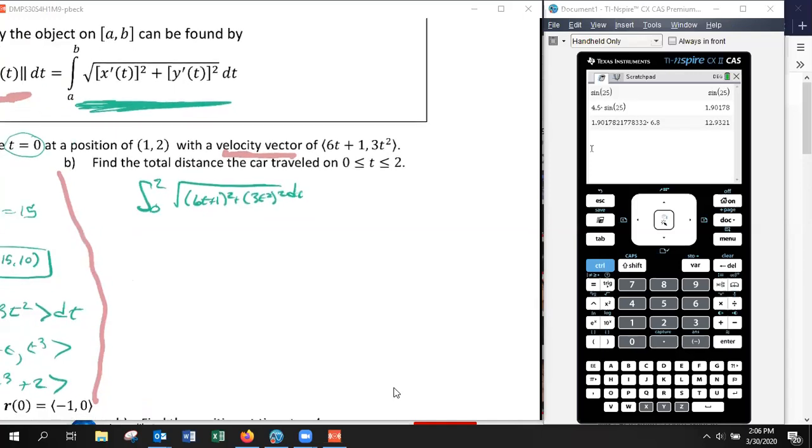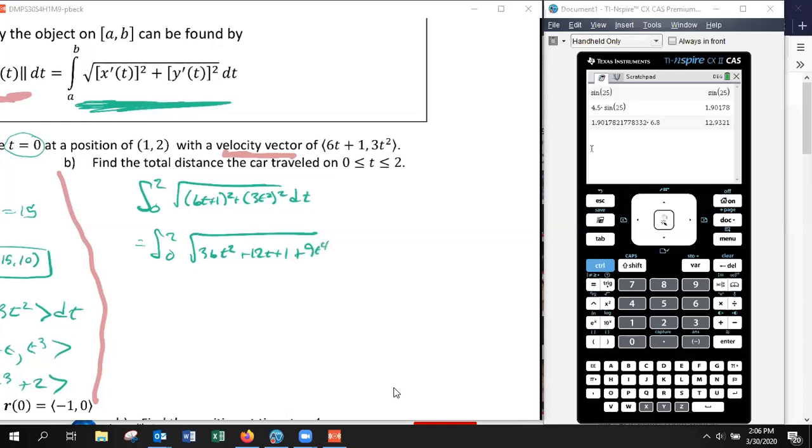Which we have 2 options. We can either try to do this manually, or we could just go to the calculator. And let me check and see if anything cool happens manually. This gives us 36t squared plus 12t plus 1 plus 9t to the 4th.